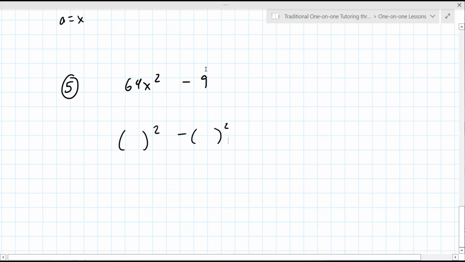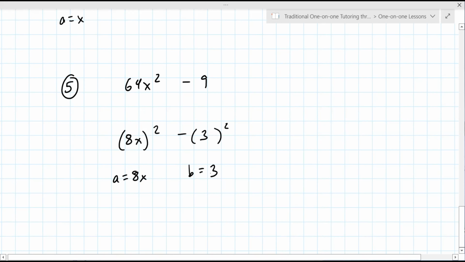What do you square to get back to 9? 3. And what do you square to get back to 64? 8. And what do you square to get back to x squared? X. So notice now your A is 8x and your B is 3.